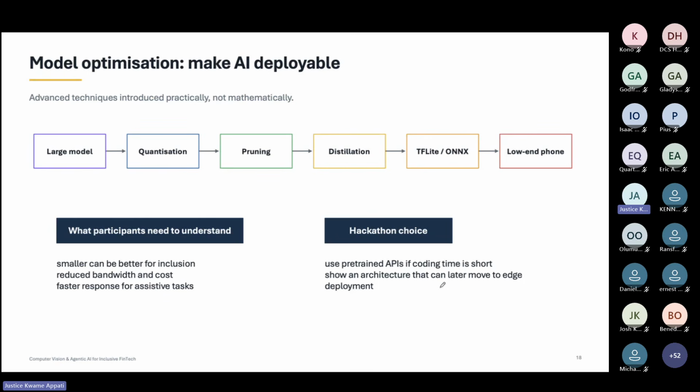Again, every AI model is tested at the point of deployment. Large models must be quantized, must be pruned, must be distilled. One of the packages you may find yourself using quite often is TensorFlow Lite, which is more deployable on mobile devices or low resource environments.